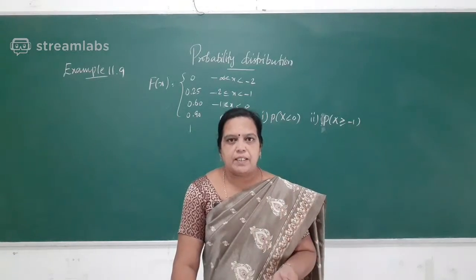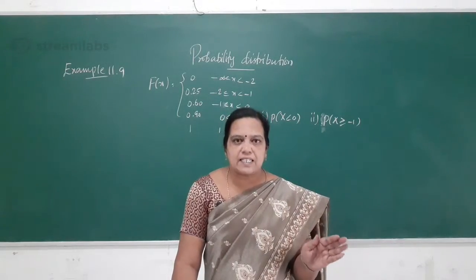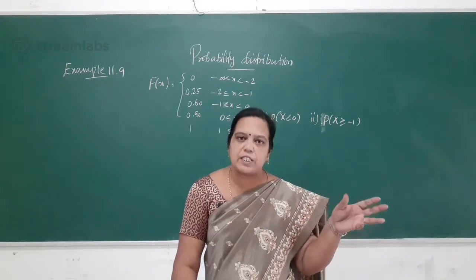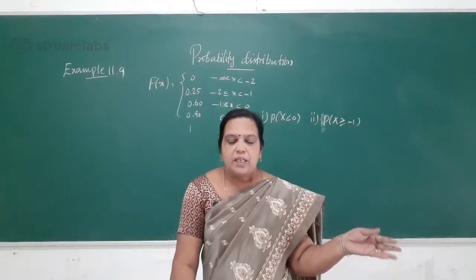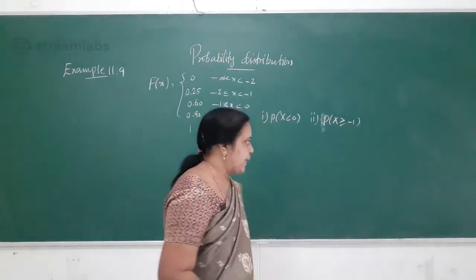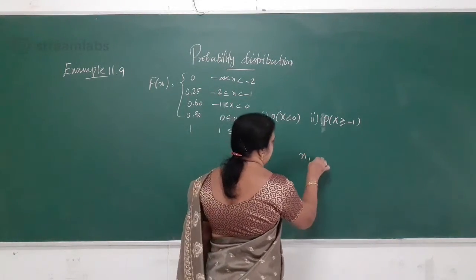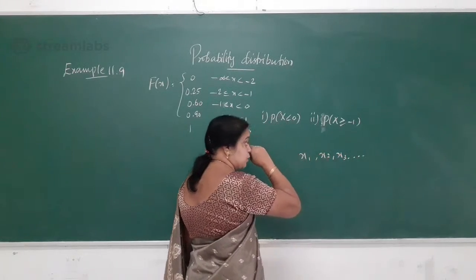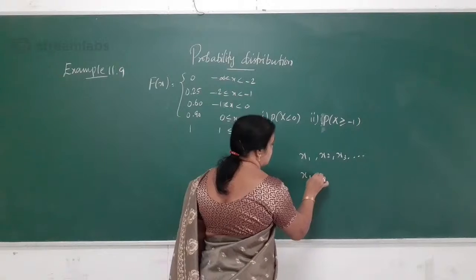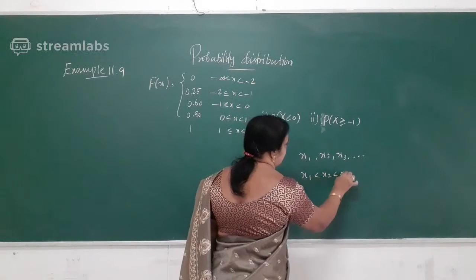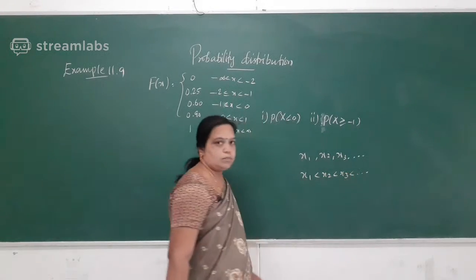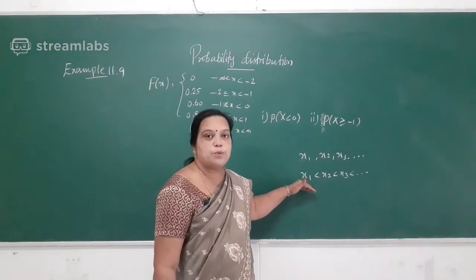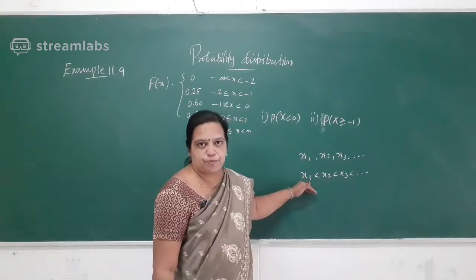Suppose x is a discrete random variable taking the values x1, x2 up to xn, and so on. F of xi is the cumulative distribution function.